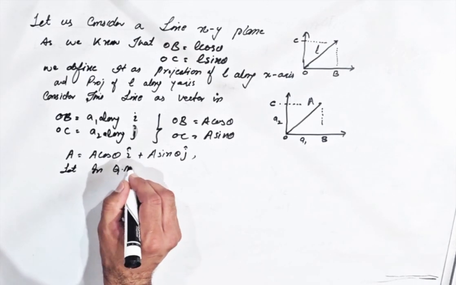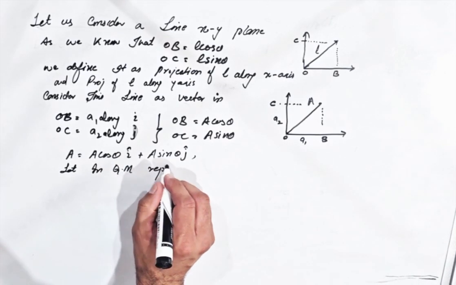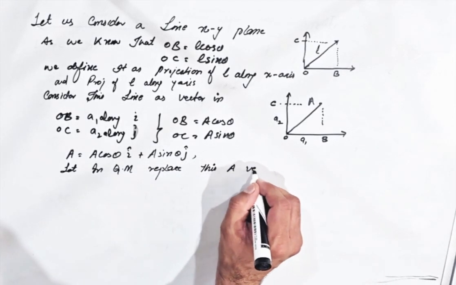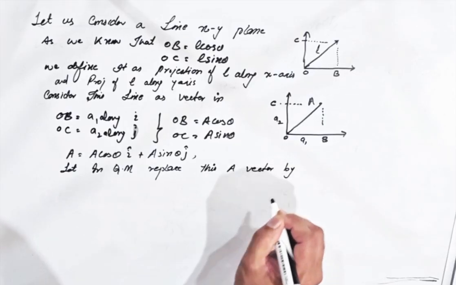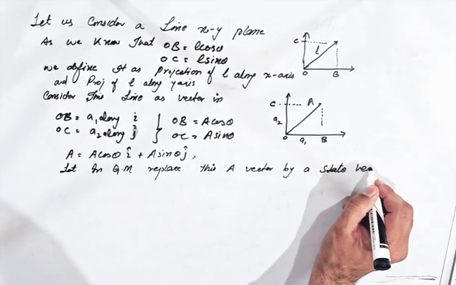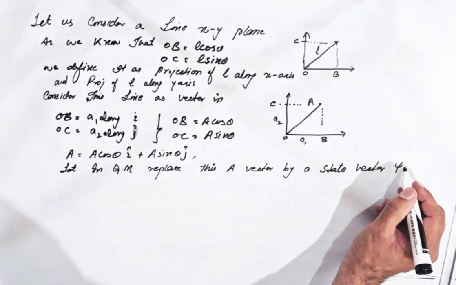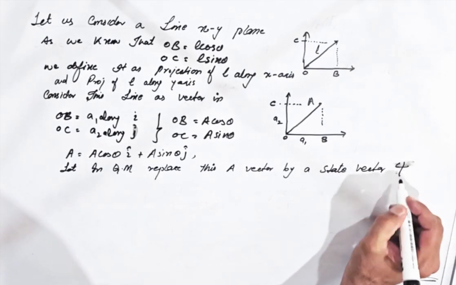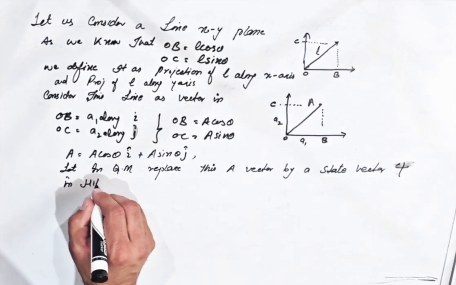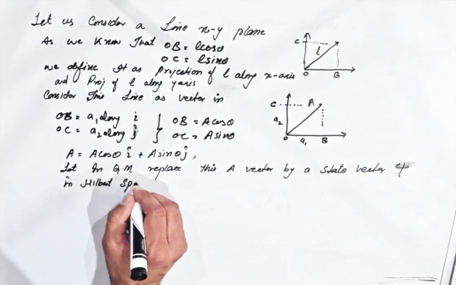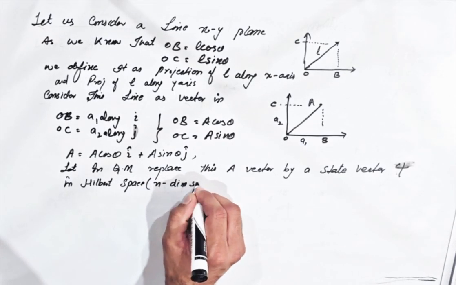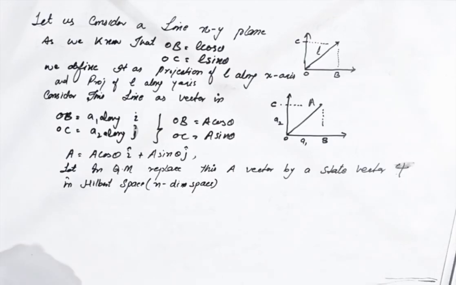In quantum mechanics, replace this A vector by a state vector psi in Hilbert space, n dimensional space.